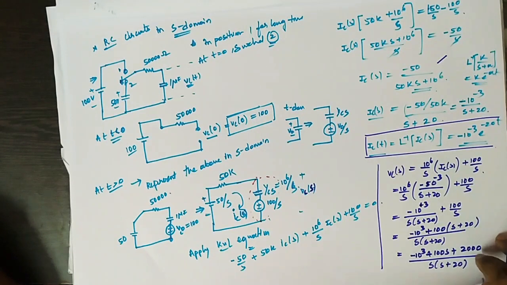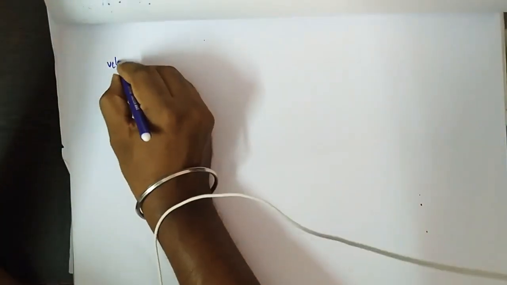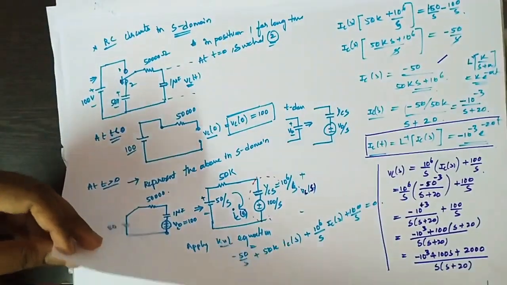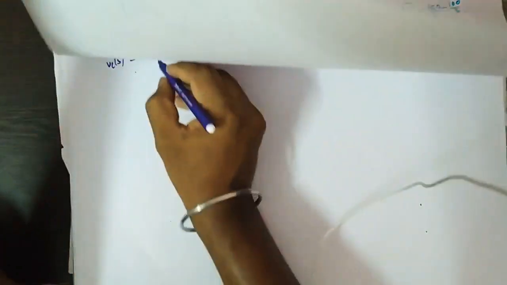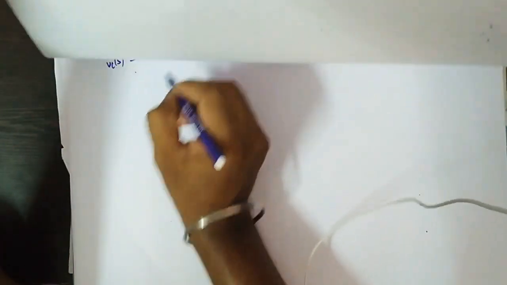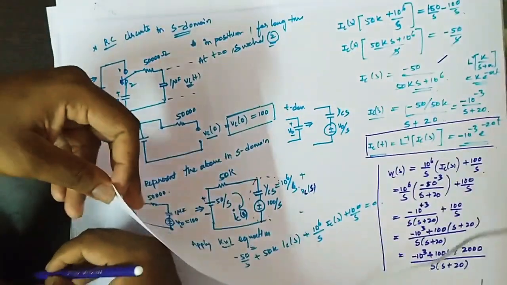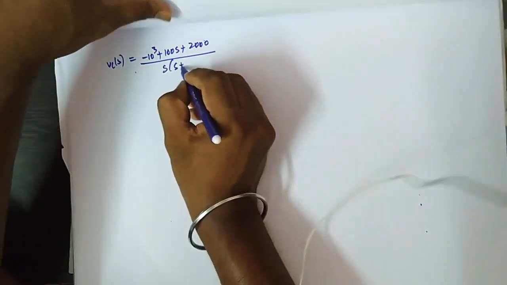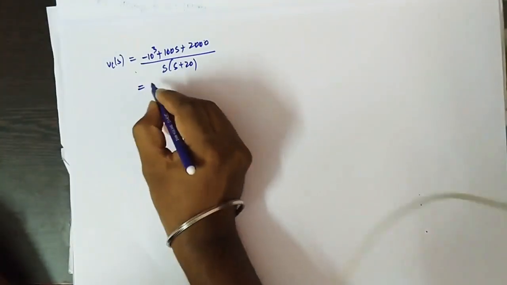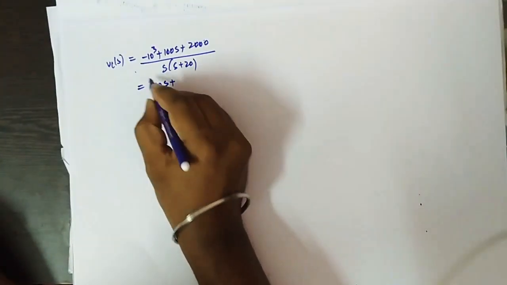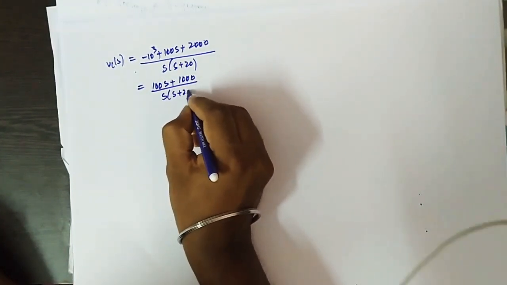So we need to solve this thing. Vc of s equal to minus 10 power 3 plus 100S plus 2000 by S into S plus 20, so 100S plus 1000 by S into S plus 20.